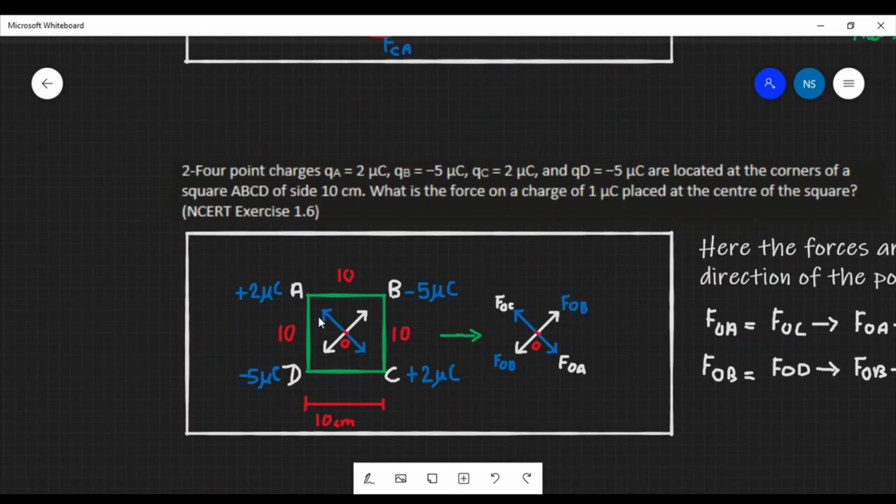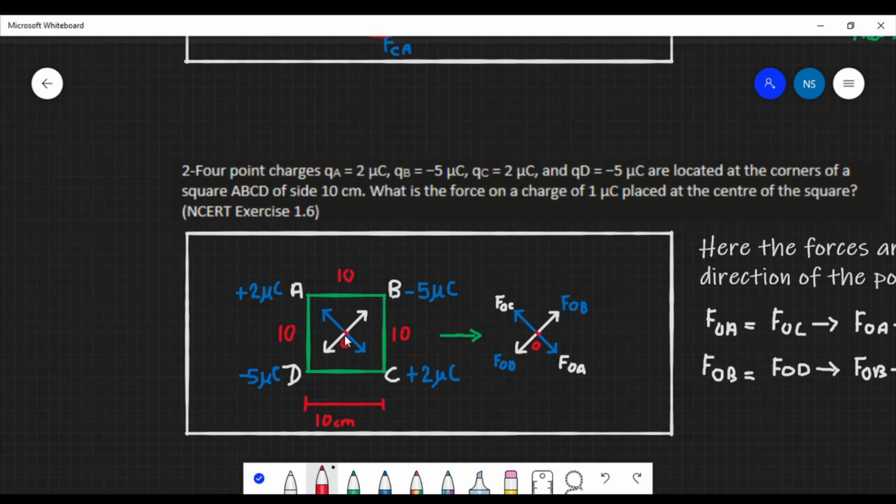Most of the time we go for solving these types of question, but we can mentally solve it like we see here. If at this center O 1 microcoulomb charge is kept, then since A is positive and plus 1 microcoulomb is also positive, from A there will be a repulsion in this direction, and from C also, since it is plus 2 microcoulomb, there will be a repulsion in this direction.